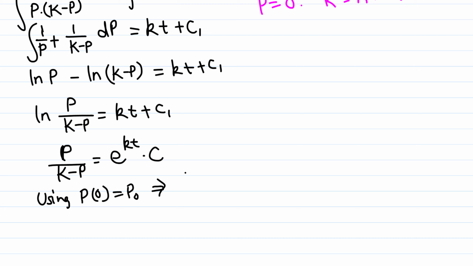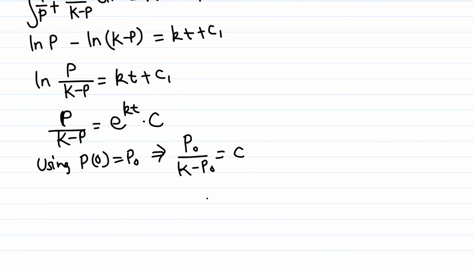So this will be initial population P naught over K minus P naught equals e raised to t equals 0. So 1, so C is P naught over K minus P naught.